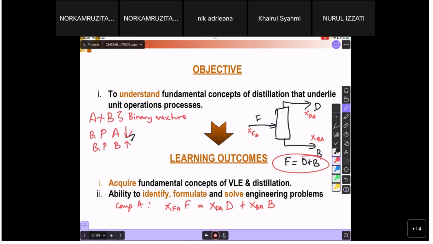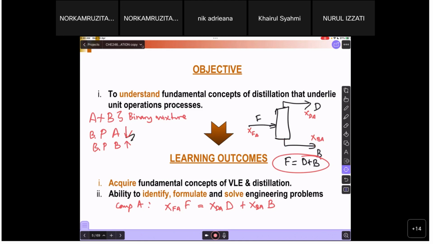In your distillation column, at the bottom part, you have a reboiler. That is why component B will be collected at the bottom product, because only the lighter one will go through the top of the column.